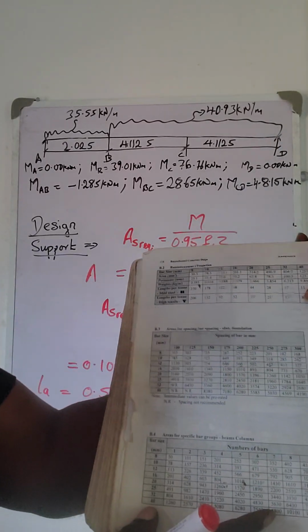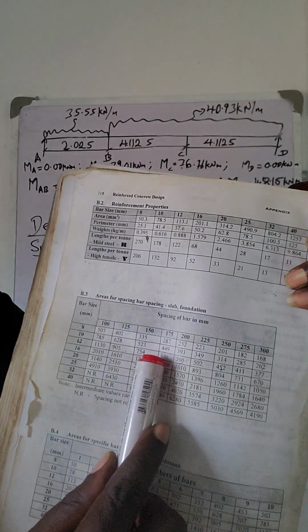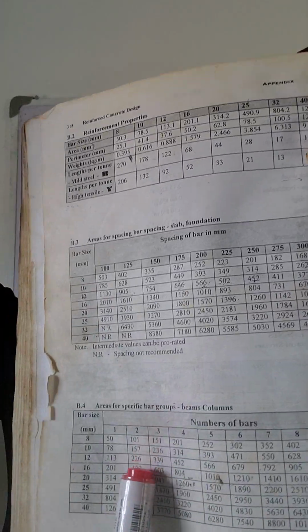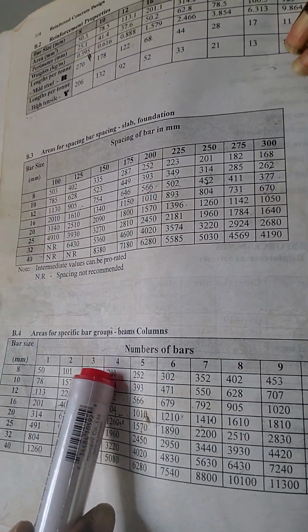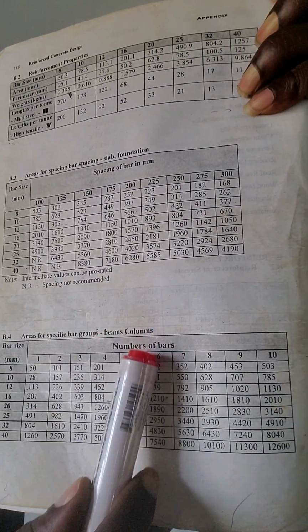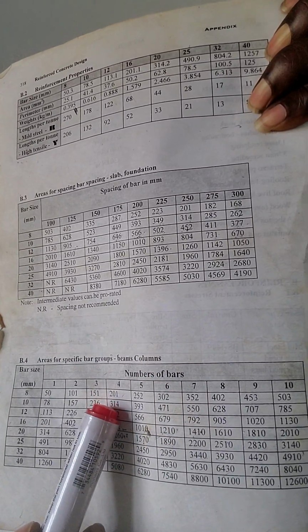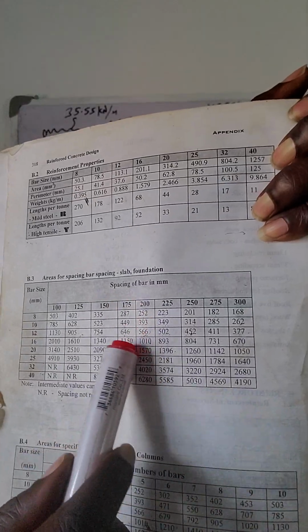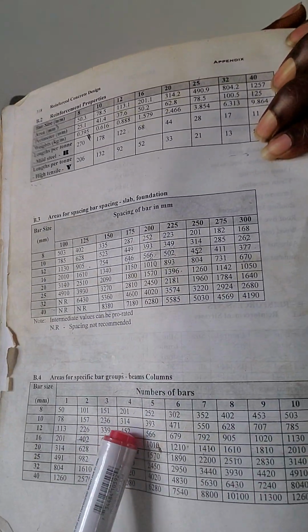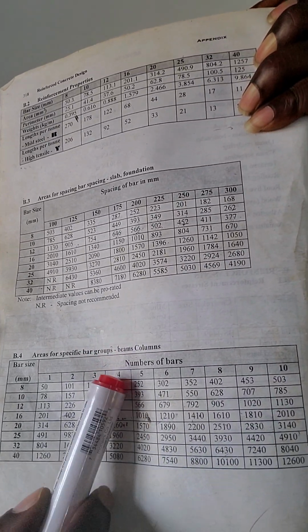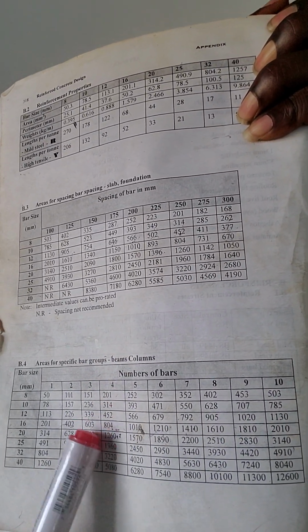This one is for spacing in slab, while this one is for the number of reinforcement needed in beam. Here we are making use of numbers, because we are designing for the beam.